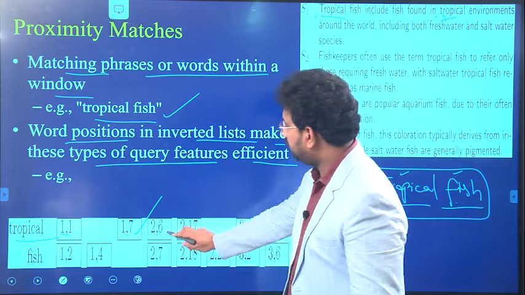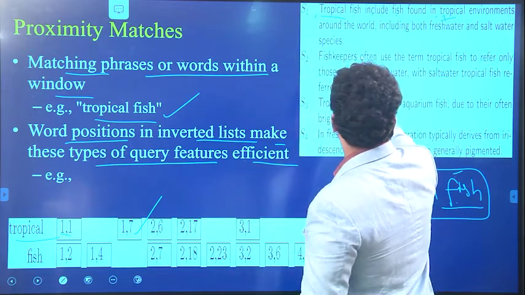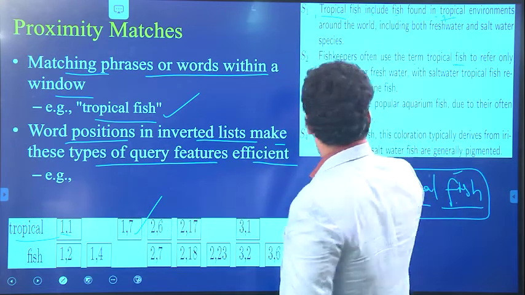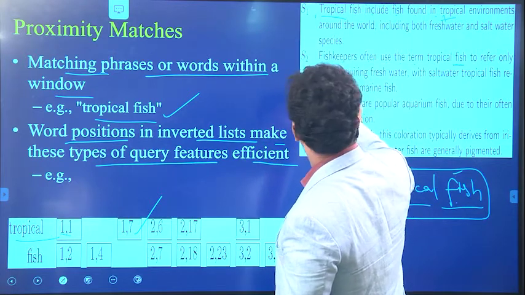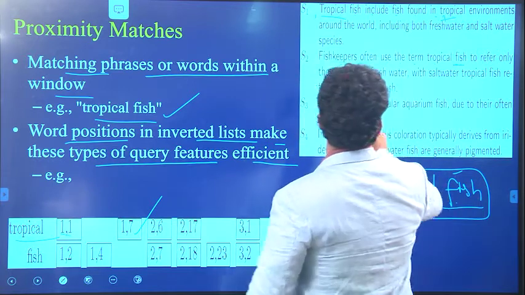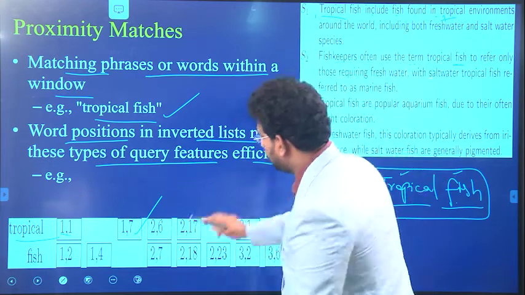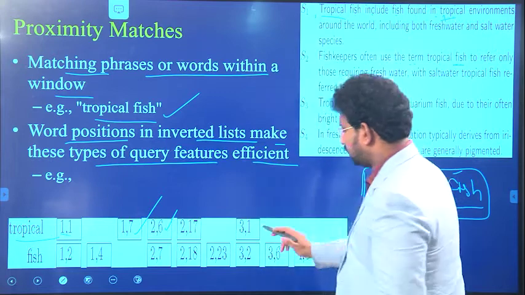The second document has it at the 6th position, and the third document at the 17th position.